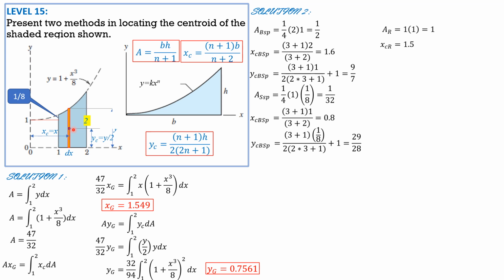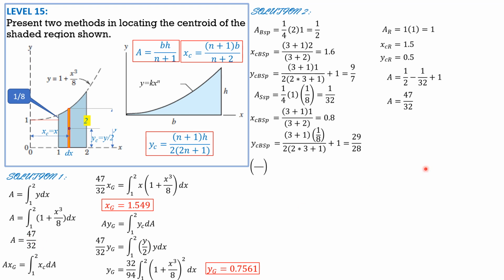And y sub c is half of 1.5. So applying Varignon's theorem, the net area is 1/2 minus 1 over 32 plus the area of the rectangle or square, 1. So the area is 47 over 32.